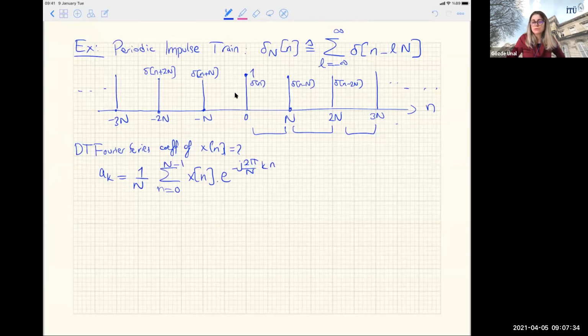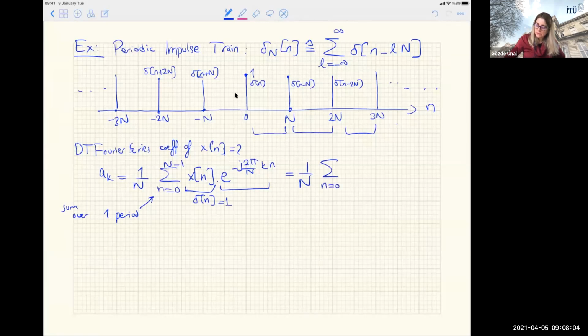So this is actually an inner product of the signal with the harmonically related sinusoid basis functions. Here x of n is delta n, and you see I'm taking it over one period. That's important. Summing over one period, in that period delta n is equal to 1. So I really have n0 to n0 plus N minus 1.